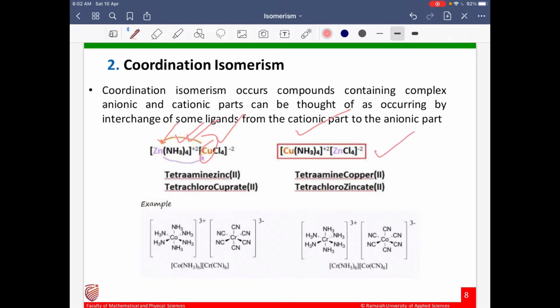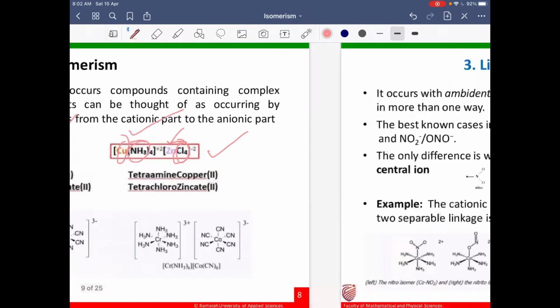But in the second compound, the ammonia ligand is attached to the copper central metal atom and chloride ion to the zinc metal atom. So we can see here an exchange of ligand. Previously, for zinc, ammonia was the ligand. Here, for zinc, chloride ion is the ligand.